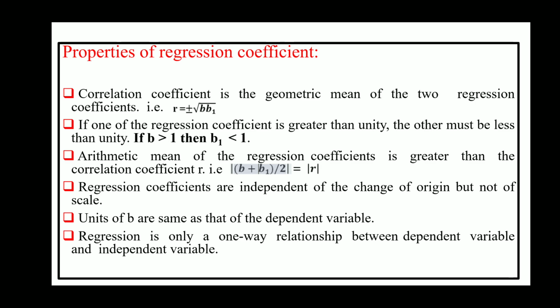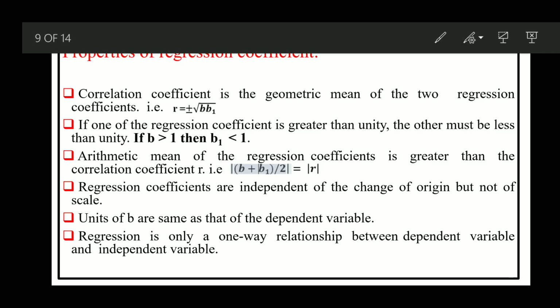Next is the property of regression coefficients. The properties of regression coefficients are very important. In some exams you may find that people directly ask what the properties of regression coefficients are. First, the correlation coefficient is the geometric mean of the two regression coefficients.